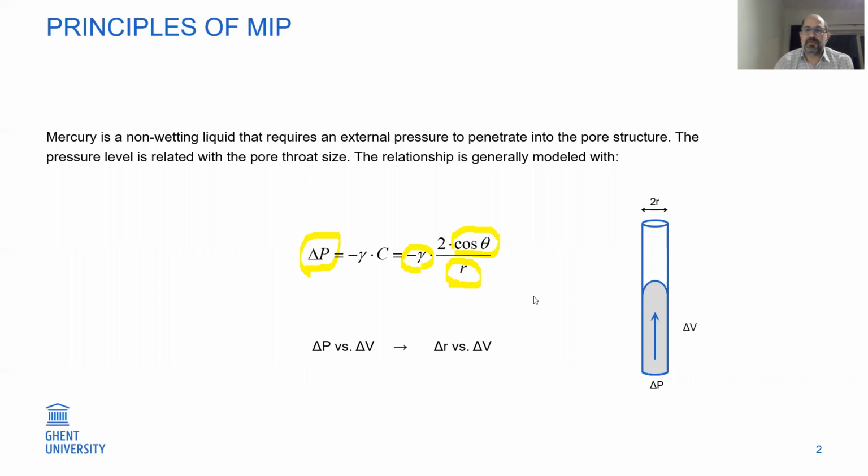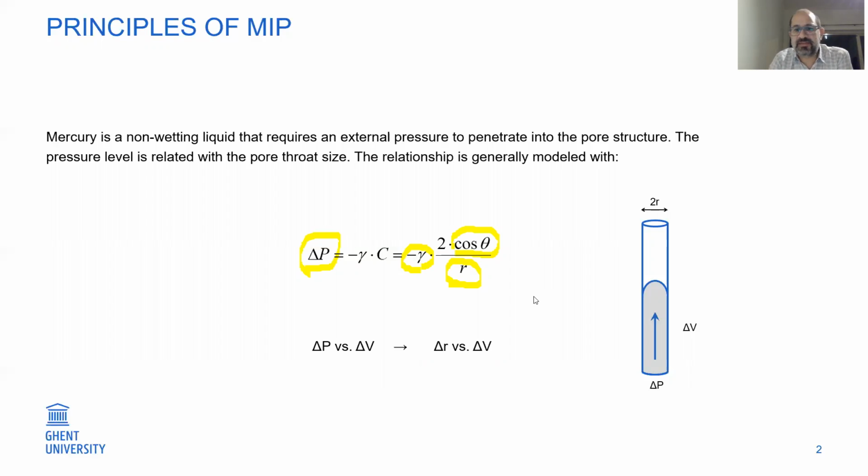So we should be aware of and pay attention to the limitations and simplifications of the technique, not only the use of this simplified cylindrical shape pore model, but also the potential damage caused by the maximum pressure applied and the preconditioning of drying on the structure.